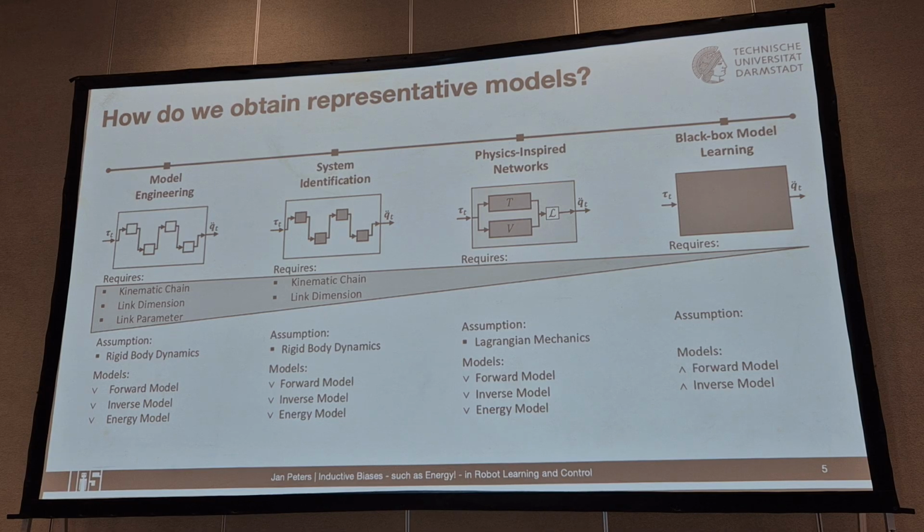You can make it a bit easier, get some of the work away by system identification, but the opposite extreme of black box modeling, without assumptions, is actually a really, really bad thing. And you don't even get all the kinds of models in there, because you get only forward and inverse models, and in many cases energy models may actually be much, much superior.